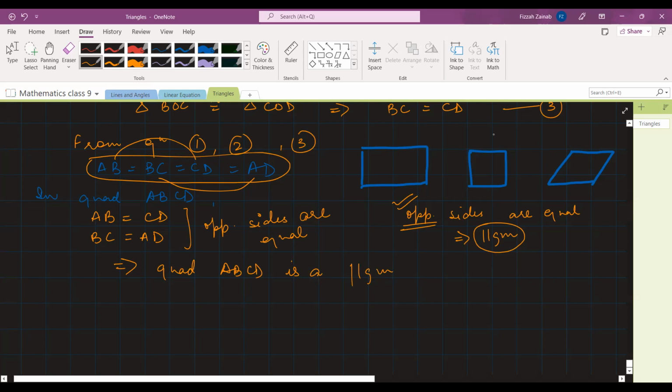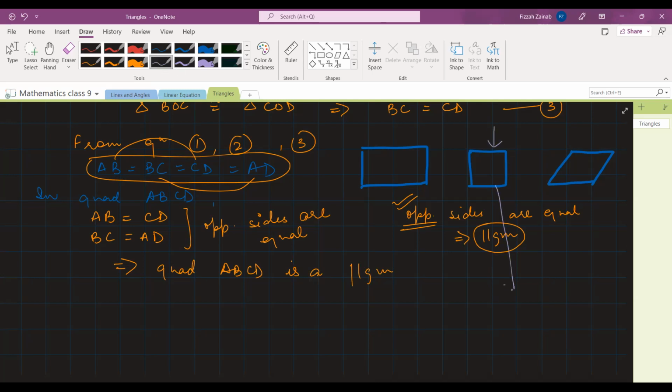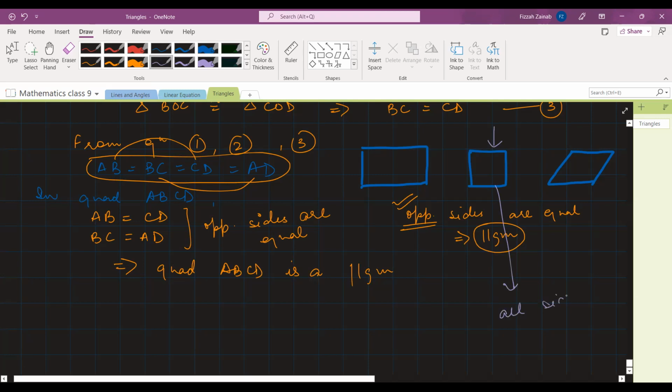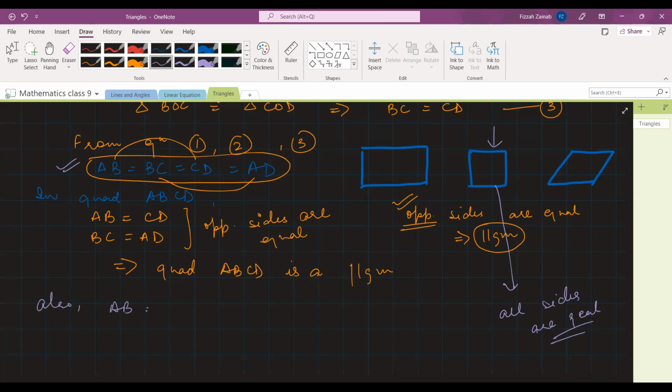Okay. Now if you have to show that it is a square, what is the additional thing you have to show? That all sides are equal, right? Not just opposite, but all sides are equal. And that also we are getting. Also, AB is equal to BC is equal to CD is equal to AD.